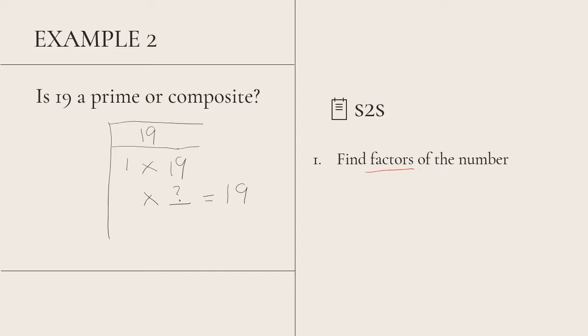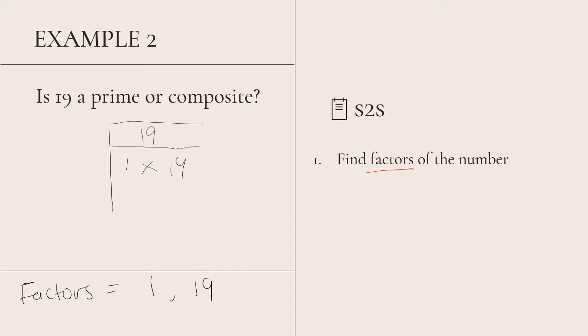If not, then 3 is not a factor of 19. Now all I can think of is only 1 times 19. So what are factors of 19? Factors of 19 are 1 and 19.